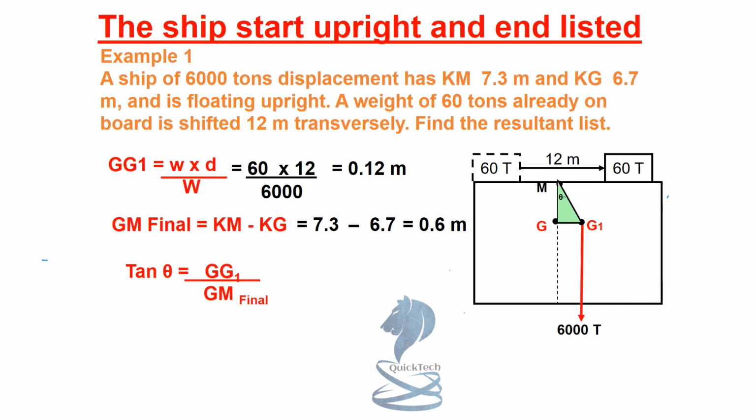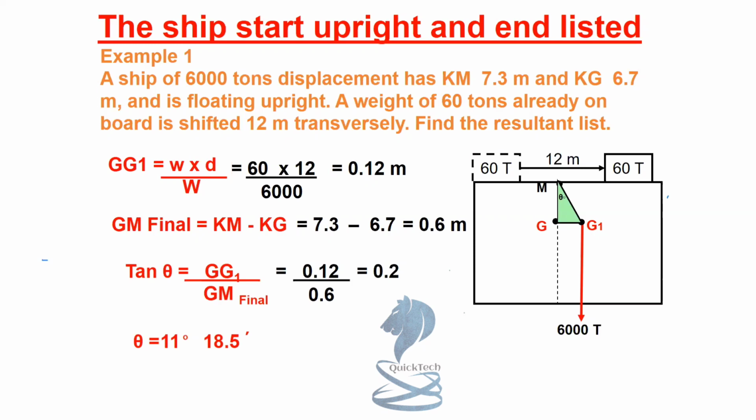To calculate the list, the formula is tan theta equal to GG1 divided by GM final, which is 0.12 divided by 0.6, equal to 0.2. Hence theta is equal to tan inverse 0.2, which gives theta equal to 11 degrees 18.5 minutes.